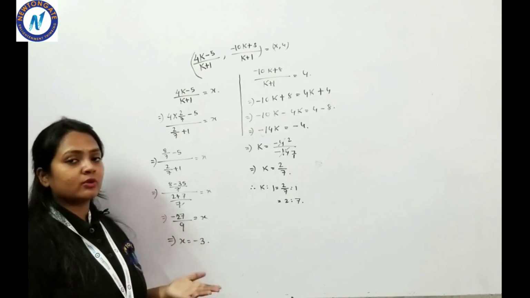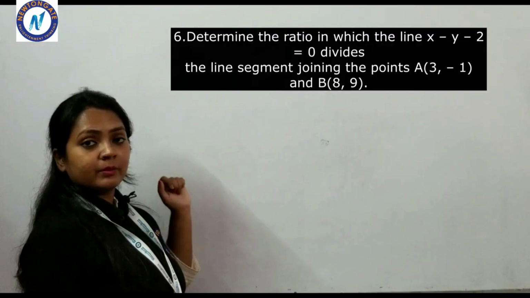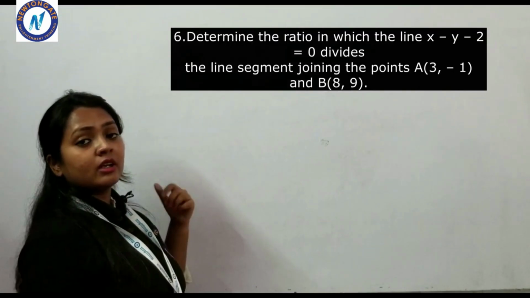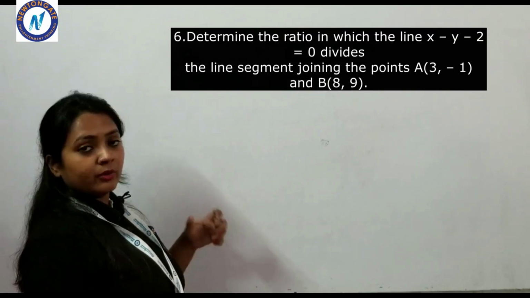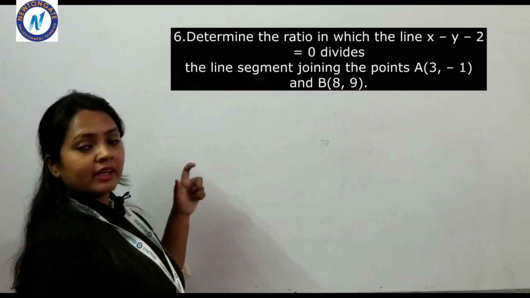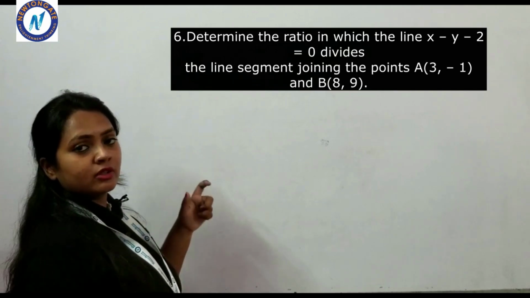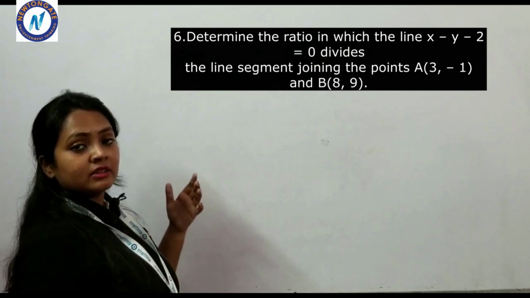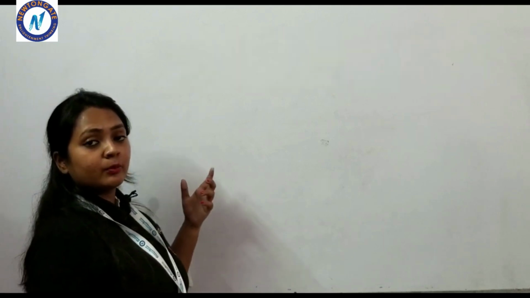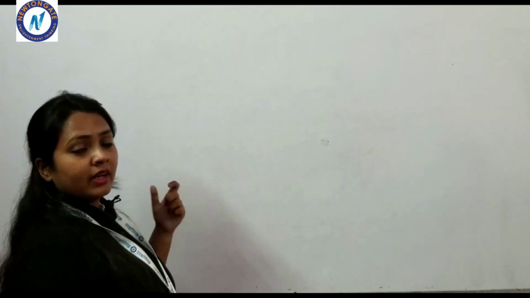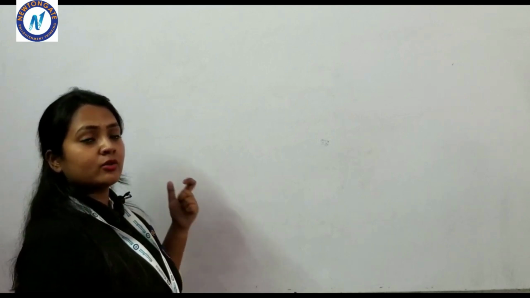Now move to the next question, question number 6. Here is question number 6. In that question, we will find the ratio in which the line x minus y minus 2 equals 0 divides the line segment joining the two points A and B. Let the ratio be k:1.